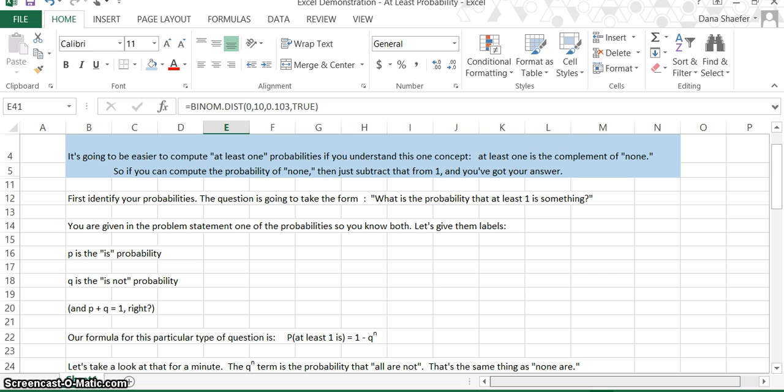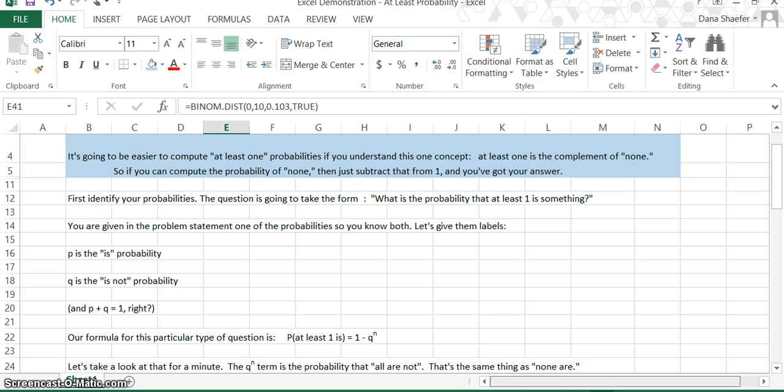So in the general idea, the first thing that we want to do is identify our probabilities. And then the question, as far as the story problem is concerned, is going to say, what's the probability that at least 1 is, and then whatever the story problem pertains to.